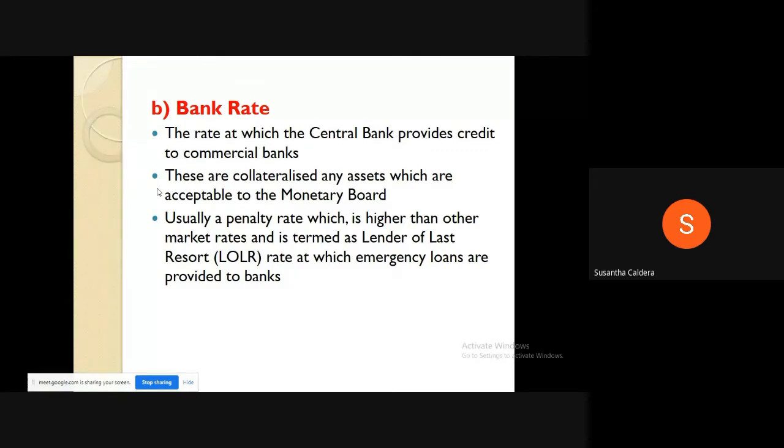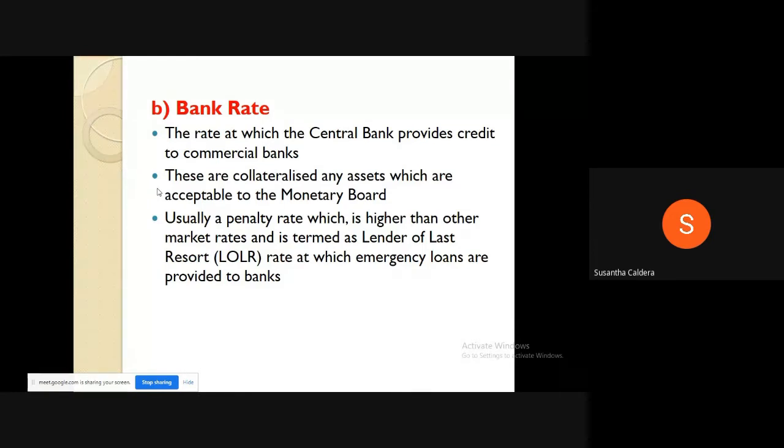If you want to borrow money, you will first try to borrow interbank. If not, the last resort is the central bank. So the central bank will lend to the commercial banks, and they have published their rate.